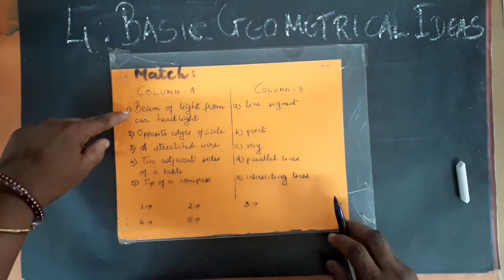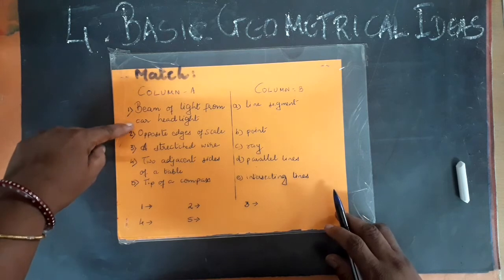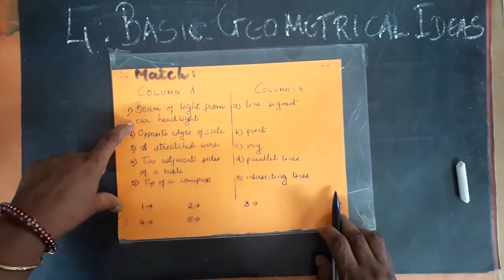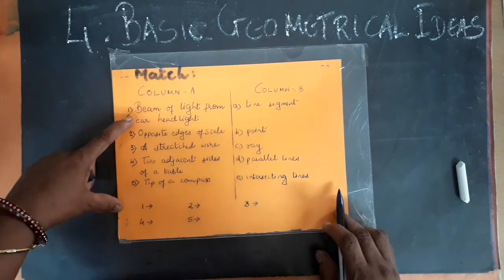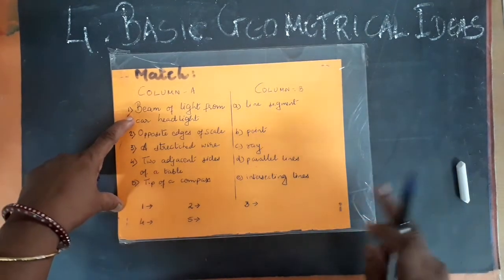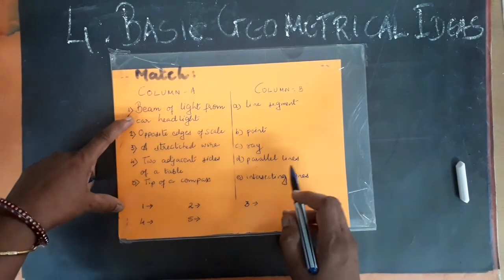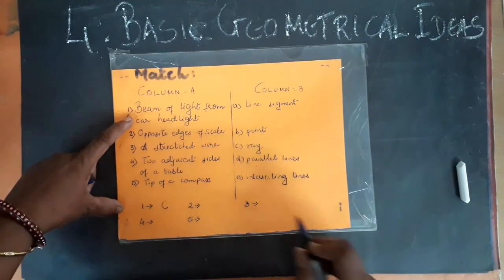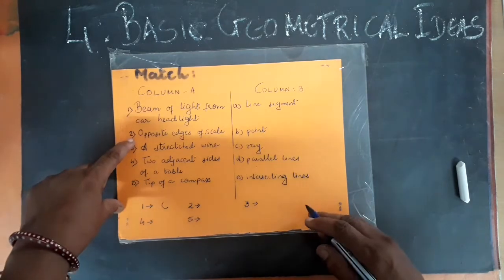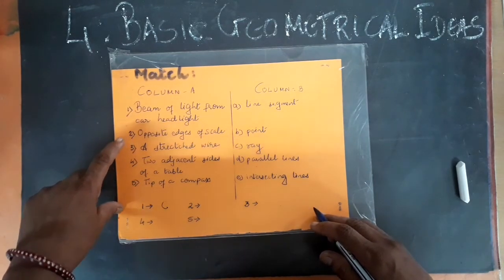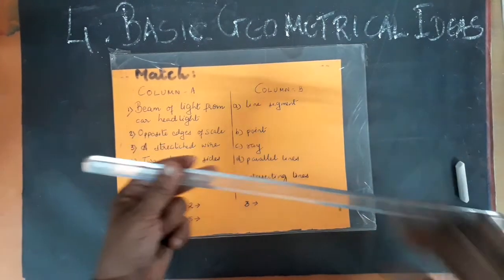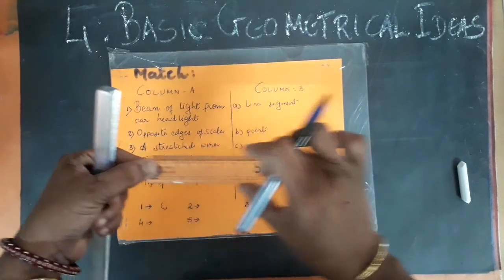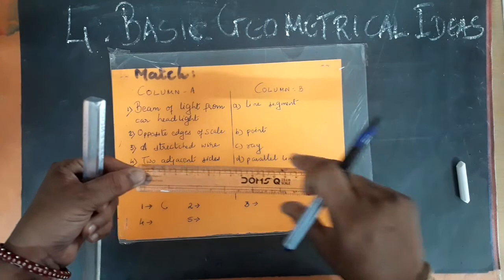Now, beam of light from a car headlight. What is that? Here it has one end point and in one direction it goes on and on. So what is that? It is a ray. So 1 you can join with C. Now what is the second one? Opposite edges of a scale. If I am talking about opposite edges of a scale, do they meet each other?